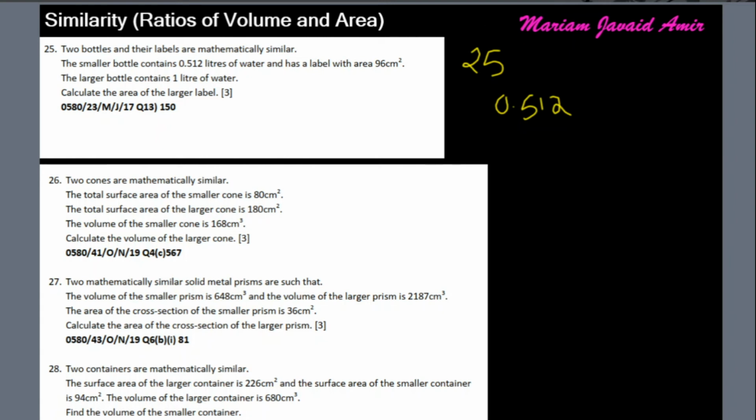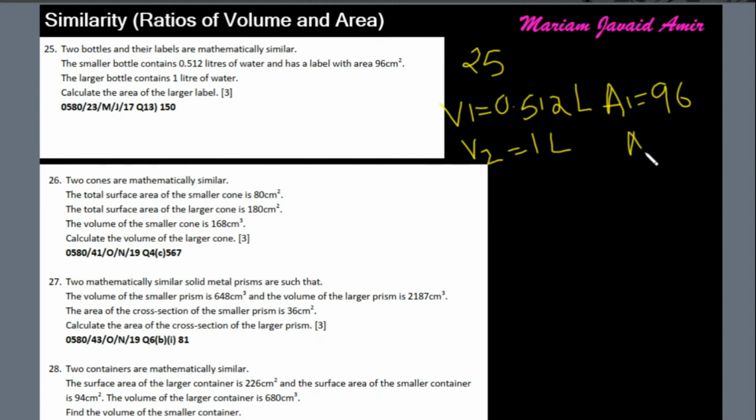Okay, so this is a relatively trickier question. So we know V1 is 0.512 and A1 is 96 centimeter square. The larger bottle contains, so V2 is 1 liter. This is also in liters.